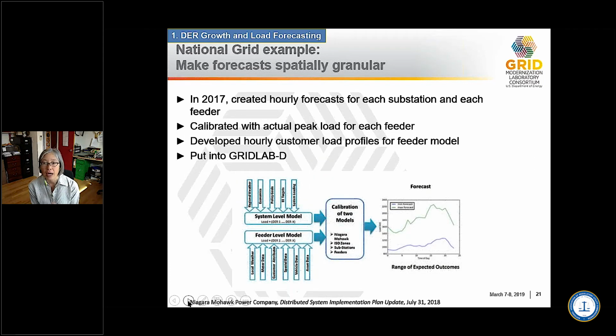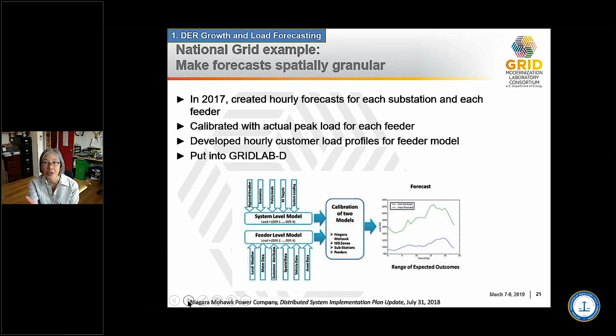So what I just showed was the DER rolled up to the system level for National Grid. What National Grid needs, though, is DER forecasts down to each substation and feeder in order to do the kind of analysis I'm going to talk about next. And so I think Ben talked a lot about using demographic data and historical information that feeds into how you disaggregate all of that load.